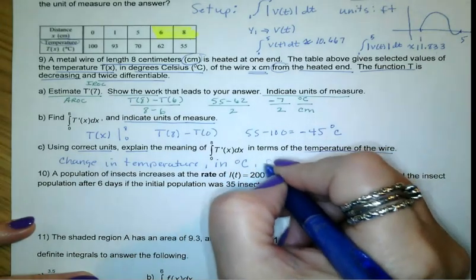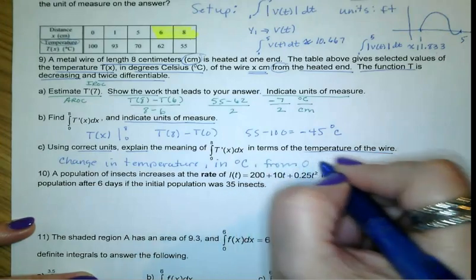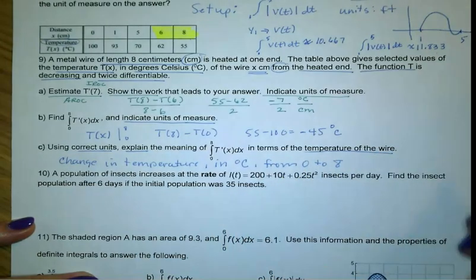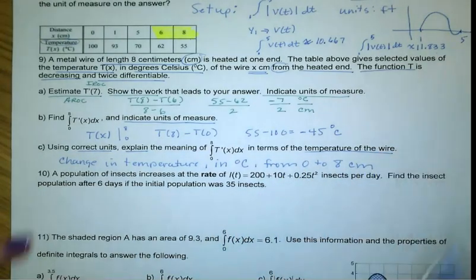Where is this occurring? From 0 to 8, and what are the units? Centimeters. So I don't need a dissertation. I don't need you to write 3 paragraphs to explain this. It should be succinct and to the point.